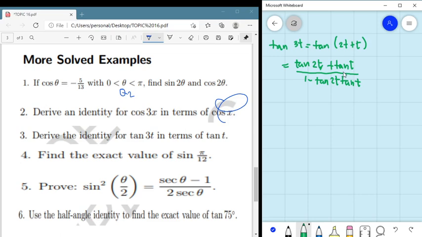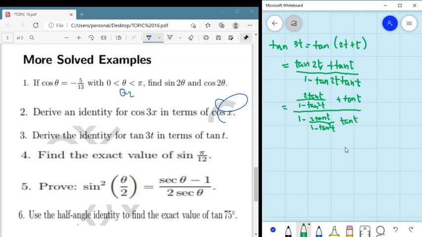Kanina po, tangent 2t is equal to 2 tangent t over 1 minus tangent squared t, plus tangent t, all over 1 minus 2 tangent t over 1 minus tangent squared t, tangent t.